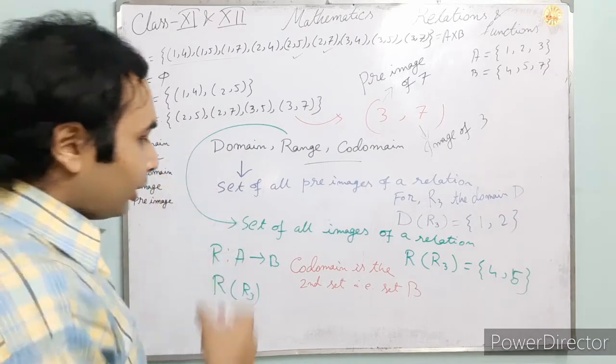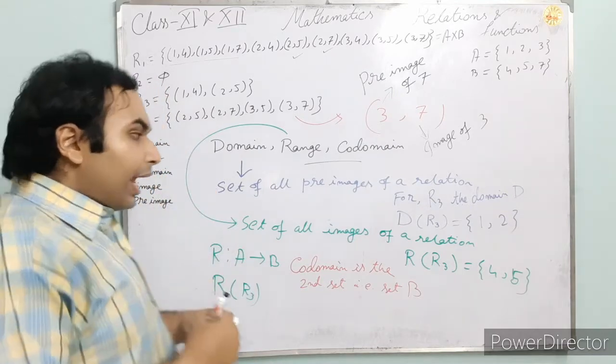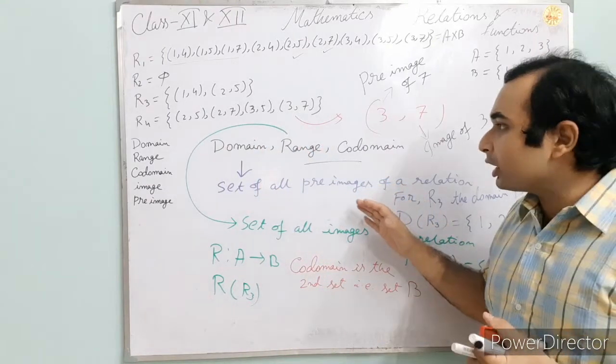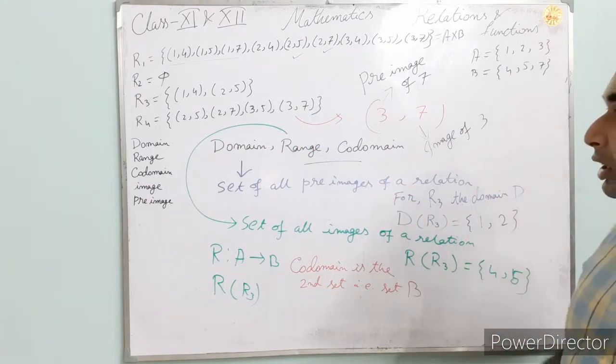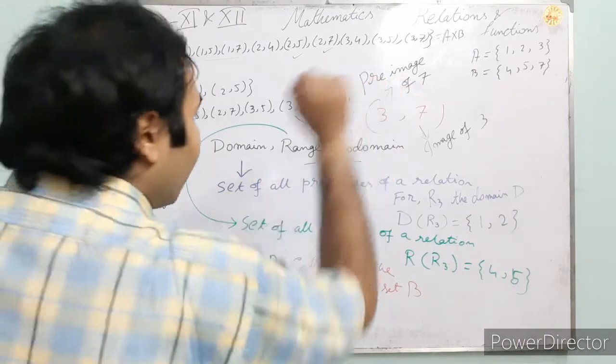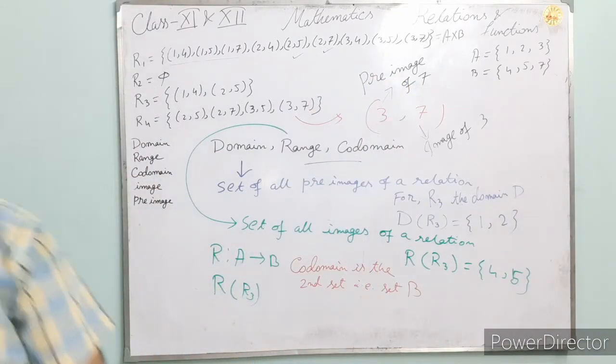So in the arrow diagram, if we want to show the relation R3, I am writing here, I will not erase.